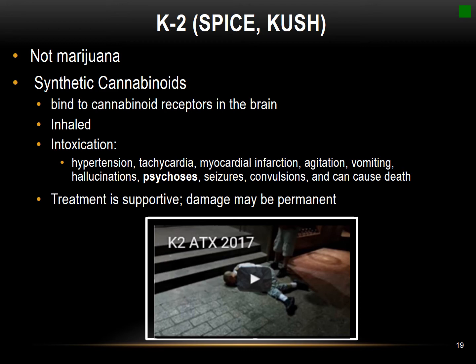Kush now is a term for a synthetic cannabinoid, which is the same thing as K2 or spice. This is not marijuana. Synthetic cannabis was created to study the effects of real cannabis. The reason is the researchers couldn't get their hands legally on pot, so they invented these synthetic compounds.